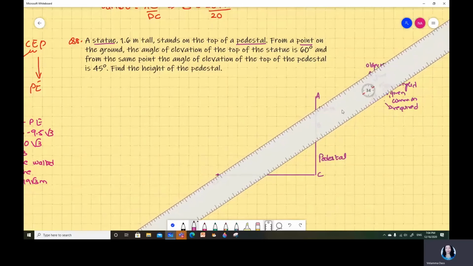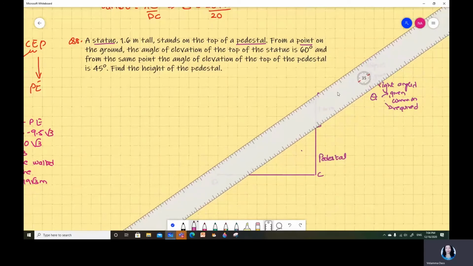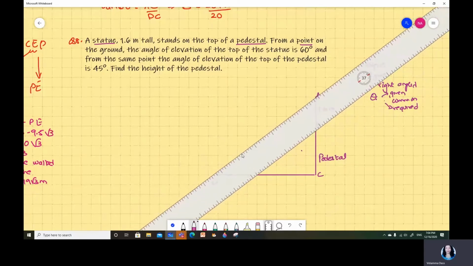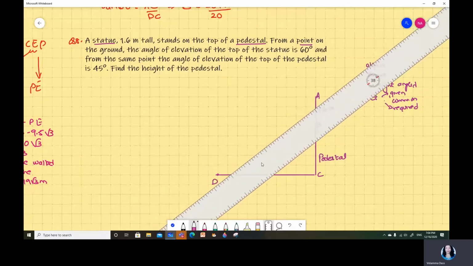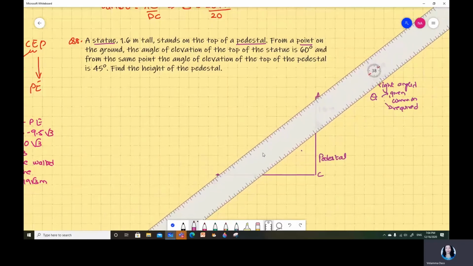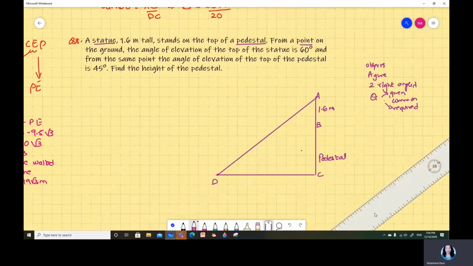The angle of elevation to the top of the statue. No, top of the statue, I'm sorry. That was the top of the statue, 60 degrees. Can you see? So I'm just joining. Beautifully, we are getting this line of sight. So here we find that from a point on the ground, the angle of elevation to the top of the statue is 60 degree. This is your line of sight AD. This is the horizontal level.